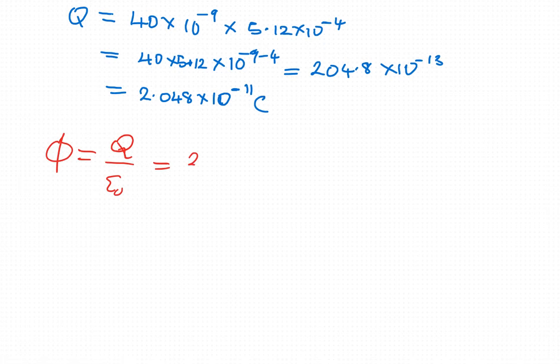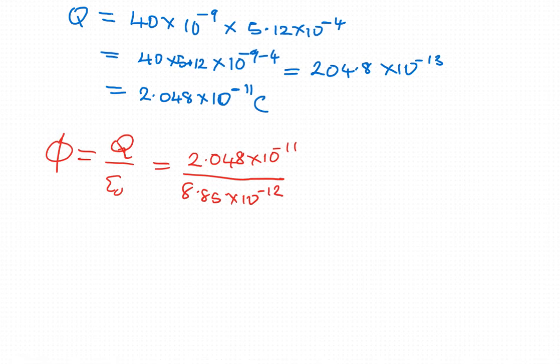That is 2.048 times 10 to the power minus 11, divided by epsilon naught, the permittivity of free space, which is a constant and is 8.85 times 10 to the power minus 12.